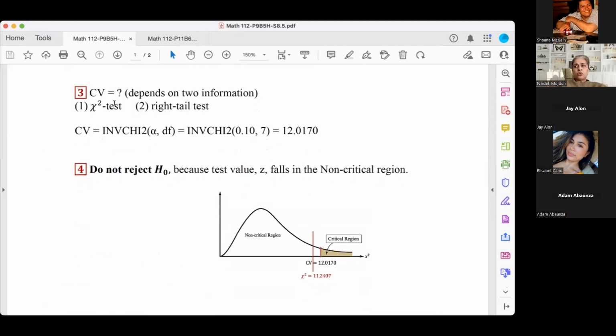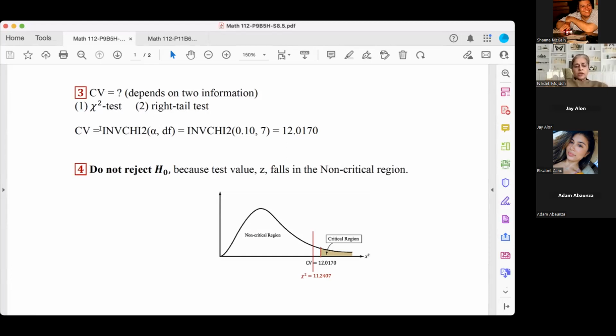It depends on two things: the statistical test, chi-square, and the right tail test. You go to the handout that I gave you on CV, PV, and CC. You go to chi-square test, critical value, chi-square right tail test.